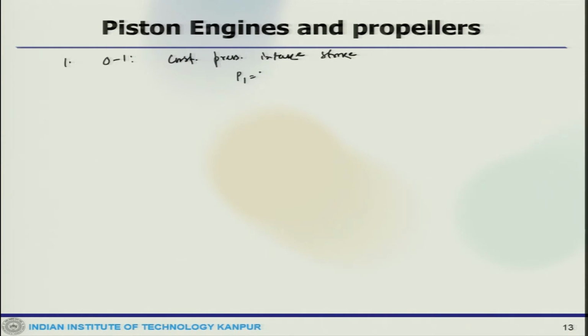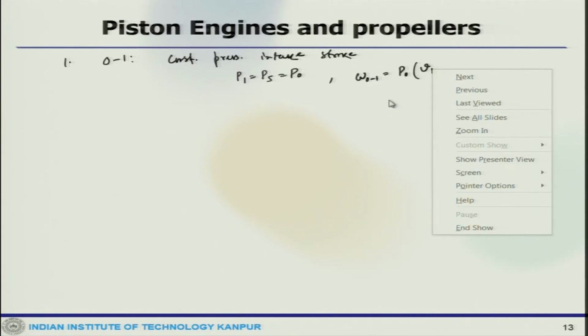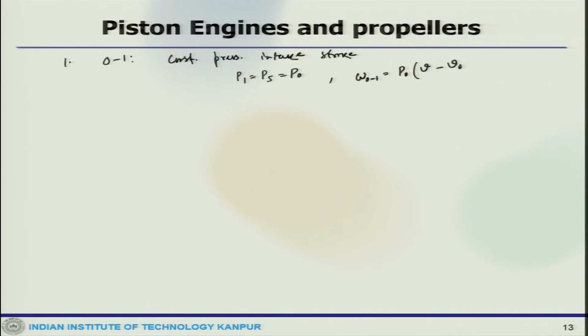So, P 1 would be P naught. Let us say W 01 would be P naught times V 1 minus V naught, where V is the specific volume.